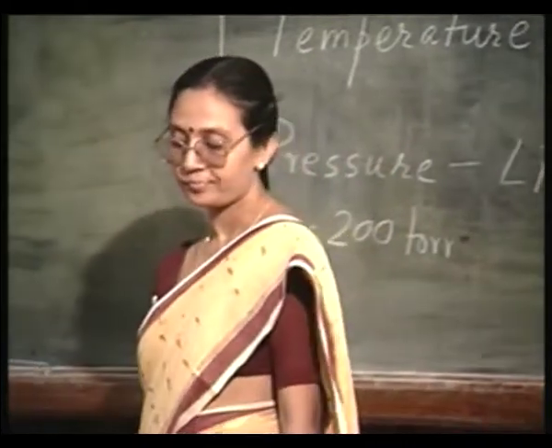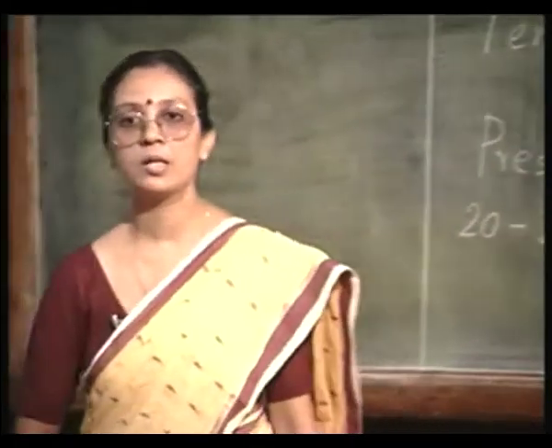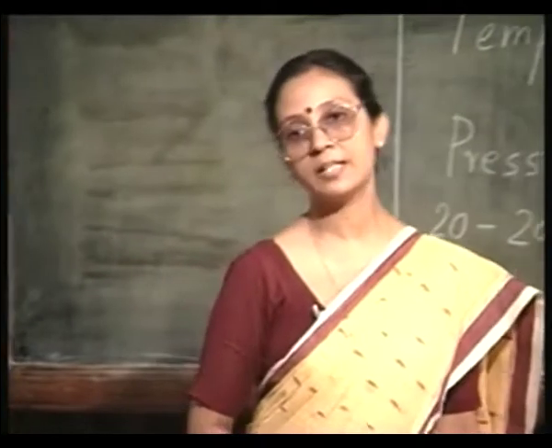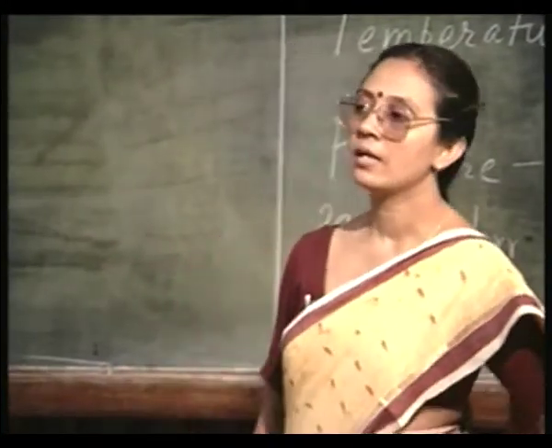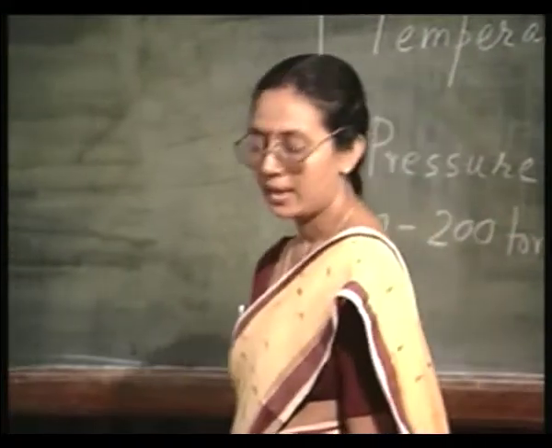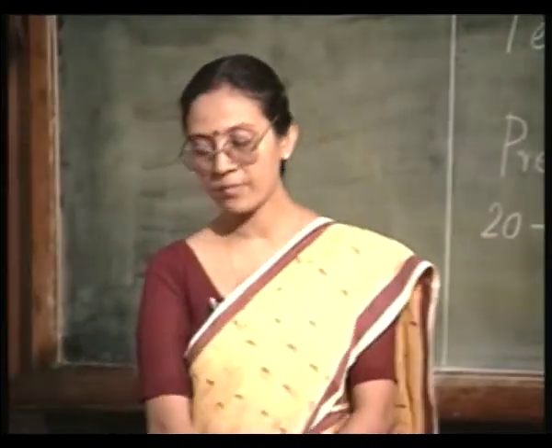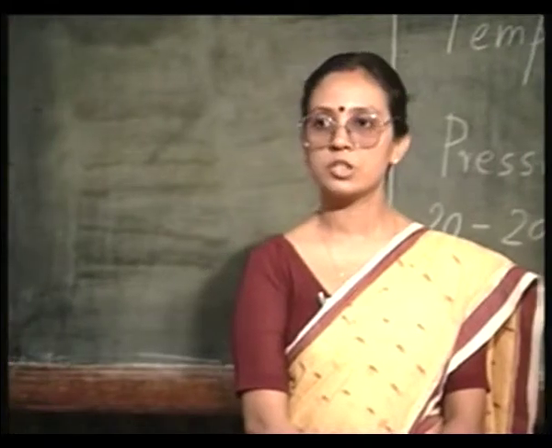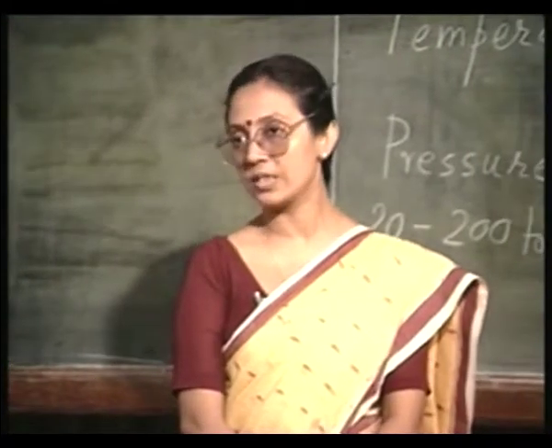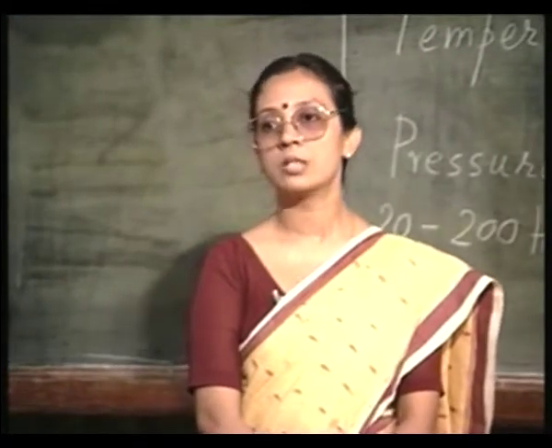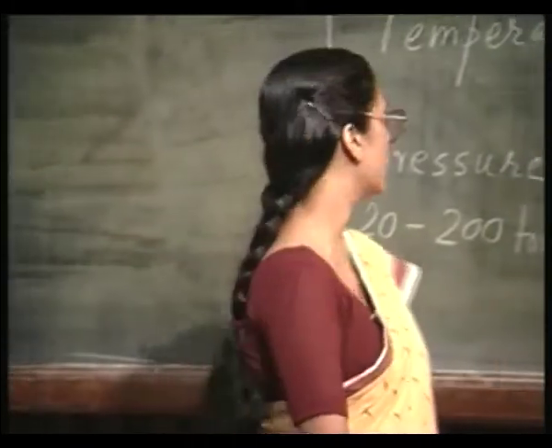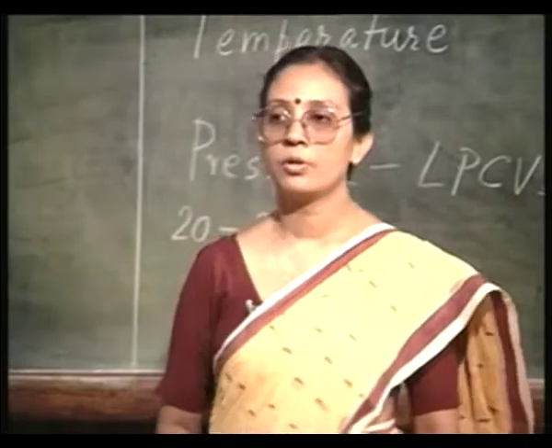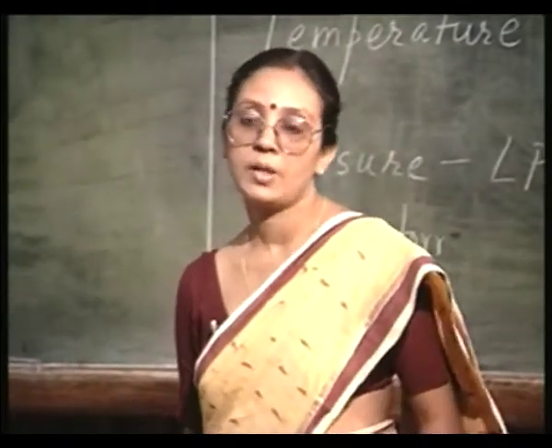Now, coming to the particular problem of silicon epitaxy, essentially it is very simple. Essentially what is done is, you have certain compound of silicon, usually silicon tetrachloride or chlorosilane as they are called, and you reduce it by using hydrogen.